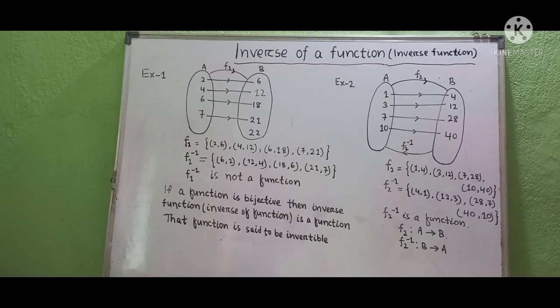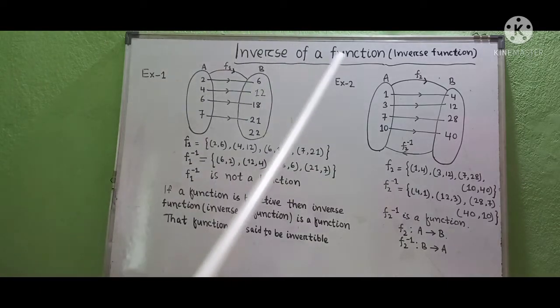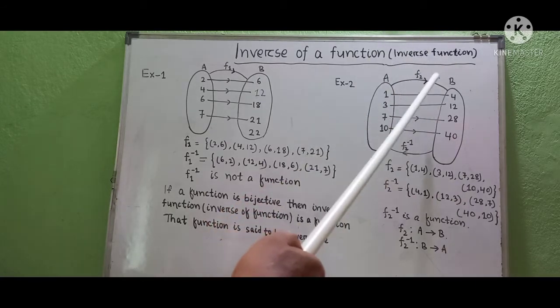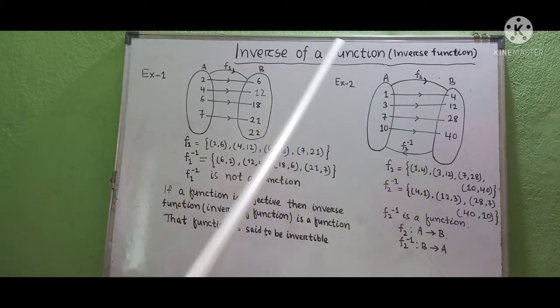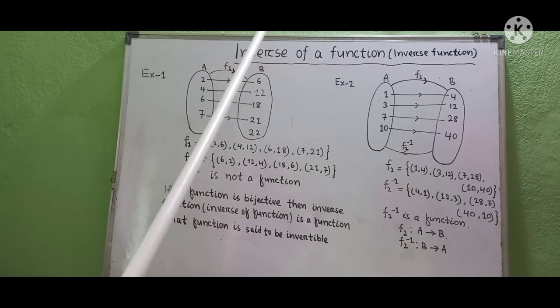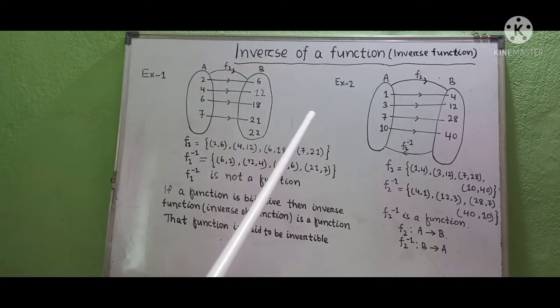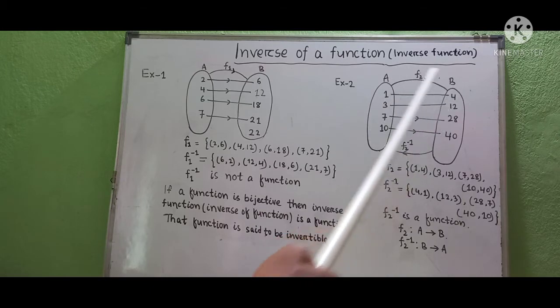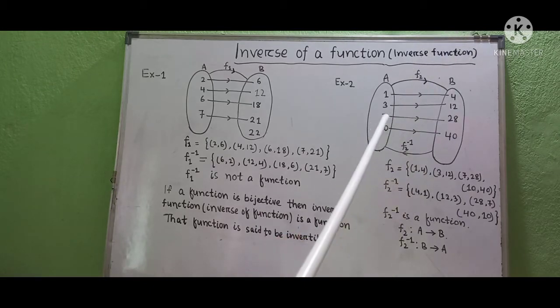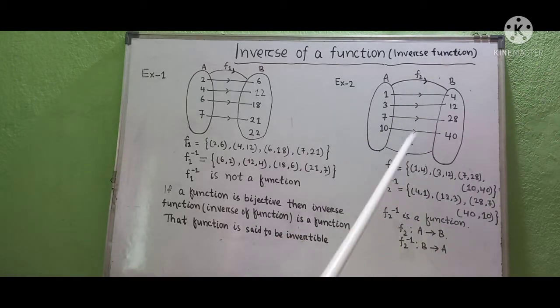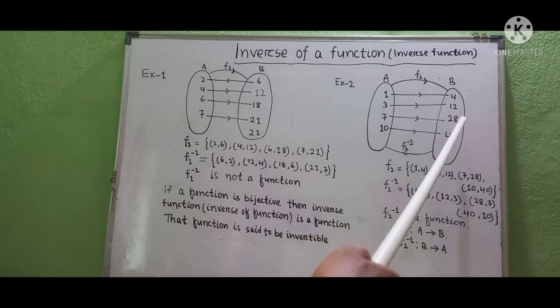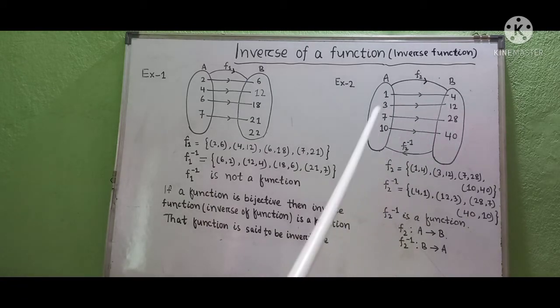Then come to example 2. Here set A, set B, and f2 is the function I have taken. f2 is equal to {(1, 4), (3, 12), (7, 28), (10, 40)}. f2 inverse is equal to {(4, 1), (12, 3), (28, 7), (40, 10)}.